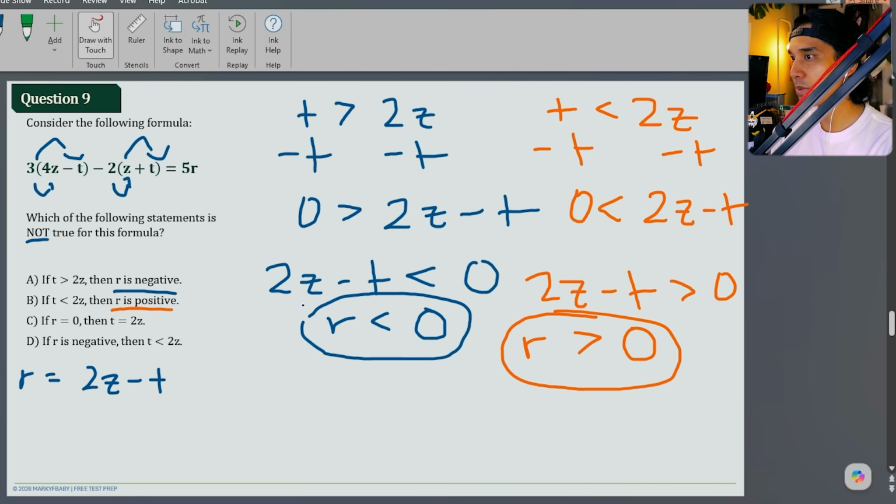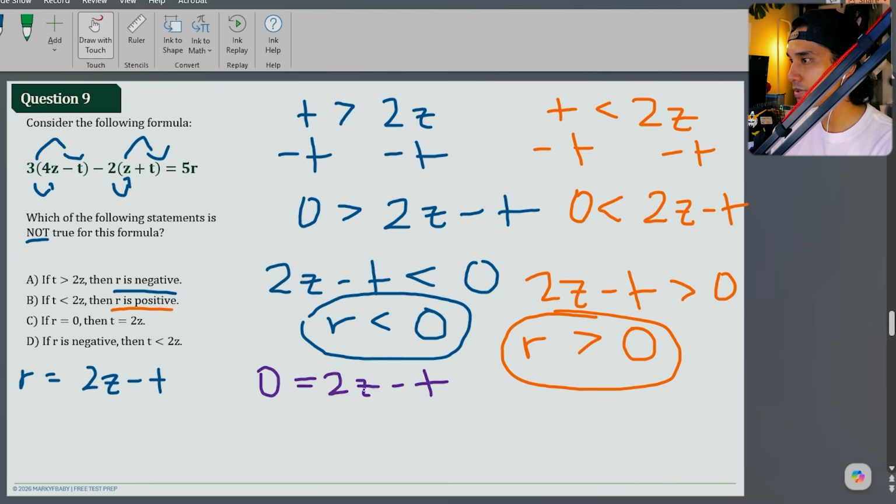And I'm going to do that in purple. If r equals 0, then t equals 2z. So let's do that with our equation that we have here. If r equals 0, then 0 is equal to 2z minus t.